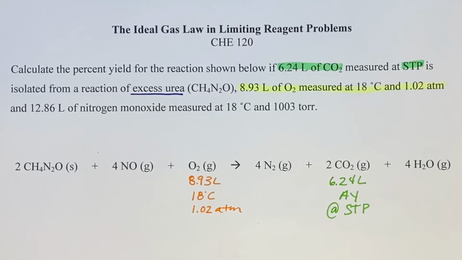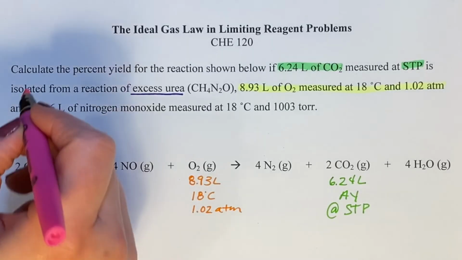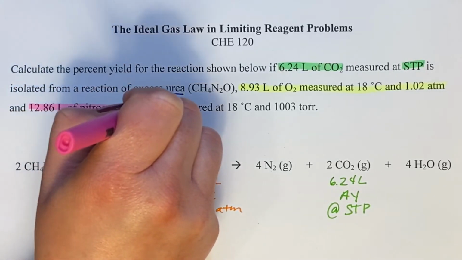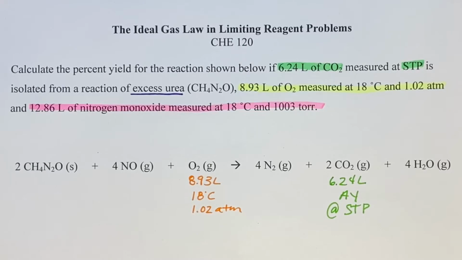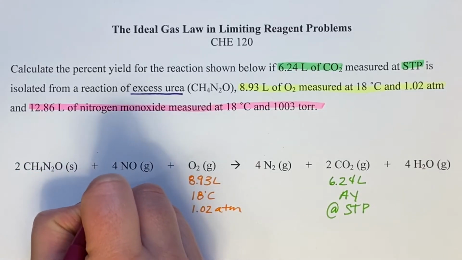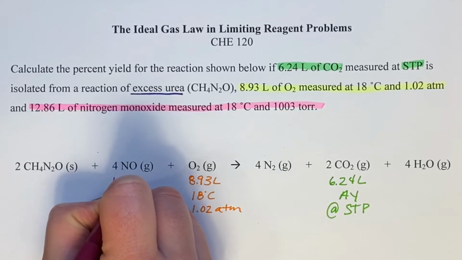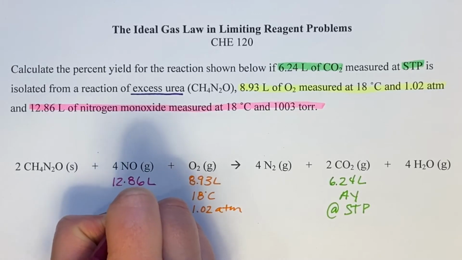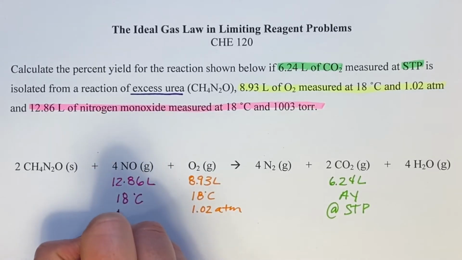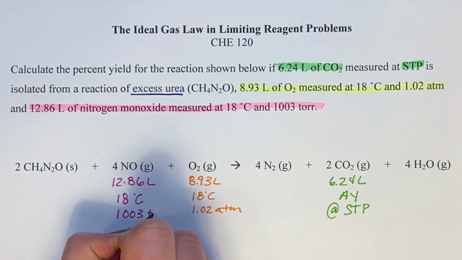We are also told in the problem that we have 12.86 liters of nitrogen monoxide measured at 18 degrees Celsius and 1003 torr.